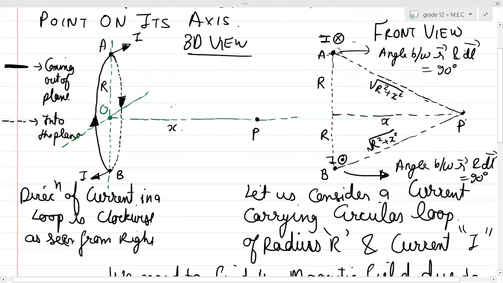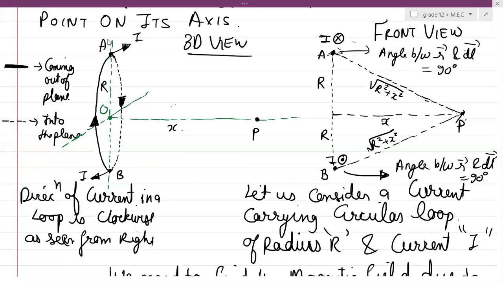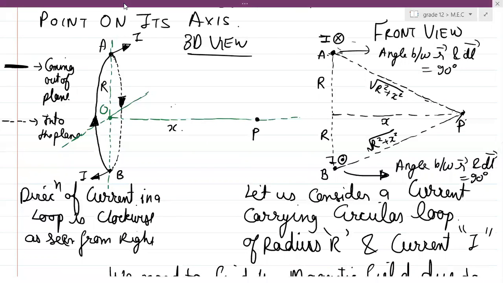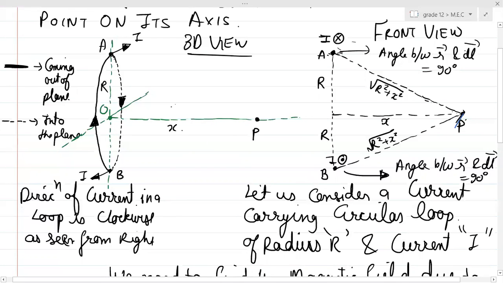Now, can anyone tell me what is the direction of the magnetic field? If you apply Shiv's snake rule, always remember the magnetic field will be perpendicular to this thing. Can you see this is going into the plane? So your thumb should be into the plane and you extend your fingers towards point B. And when that snake bites, will the magnetic field due to the current element at A point like this?